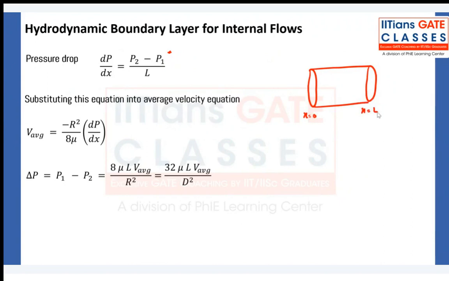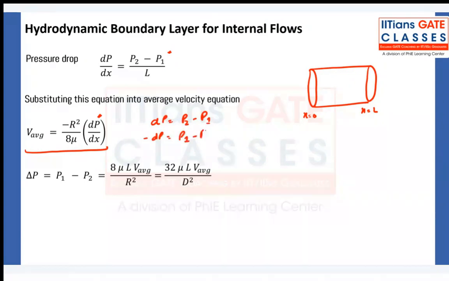So I have defined my V average like this. From here let me take out dp. If I take the minus here, dp is p2 minus p1, but minus dp will be p1 minus p2.